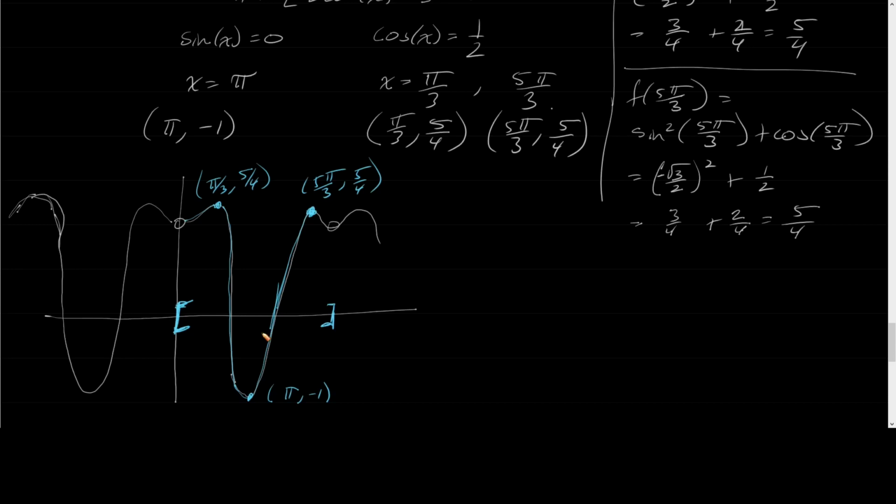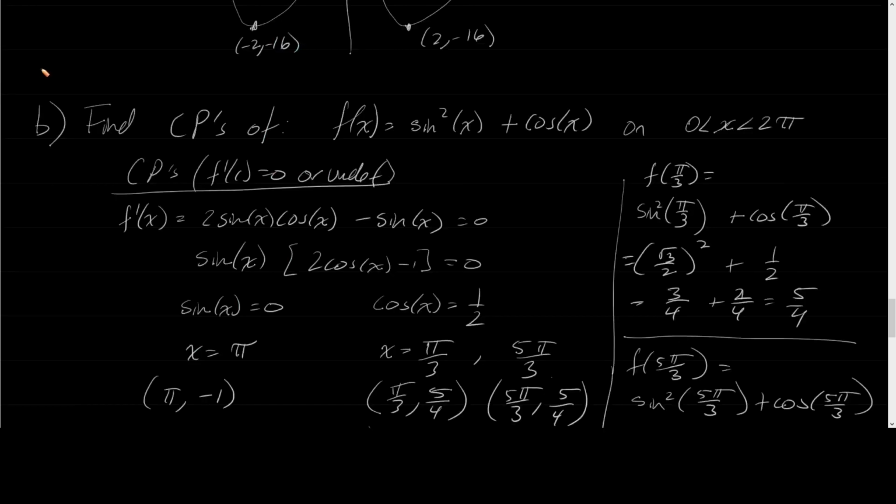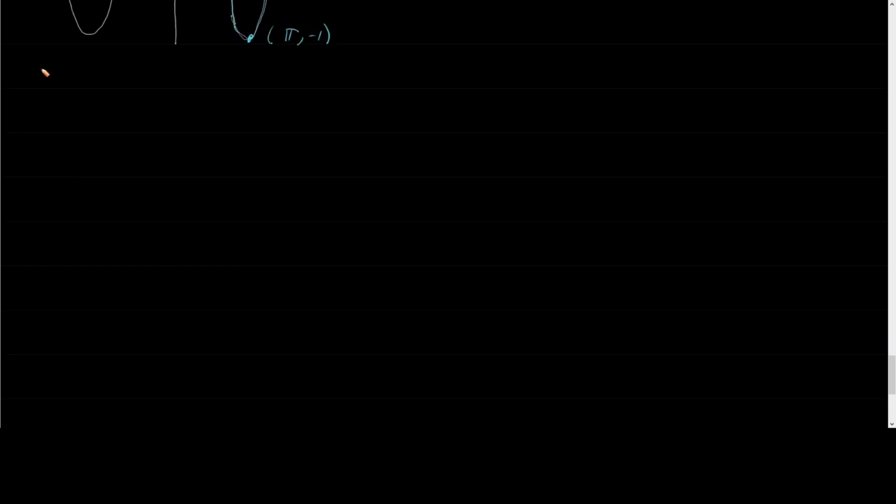Now, in general, the process is the same for finding the critical points: you take the derivative and set it equal to 0. But now let's talk a little bit about finding the absolute extrema, because we also spoke about the absolute extrema. So I think I'm at example C, not D.